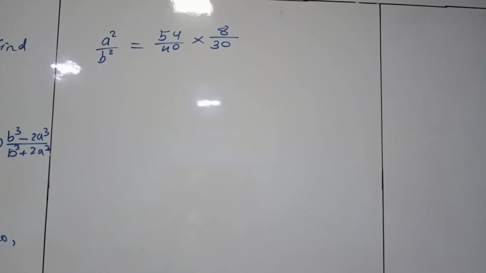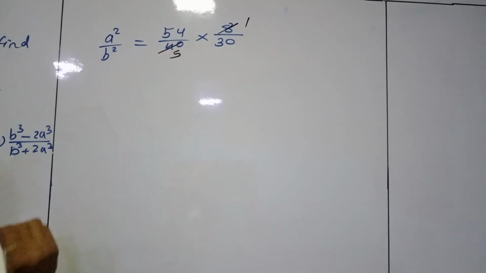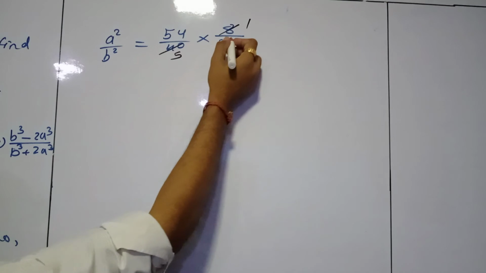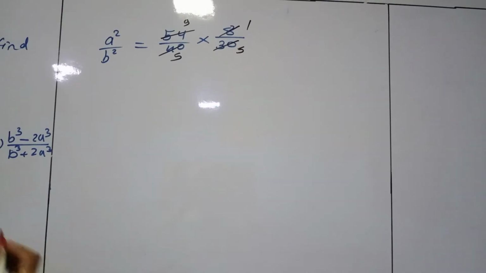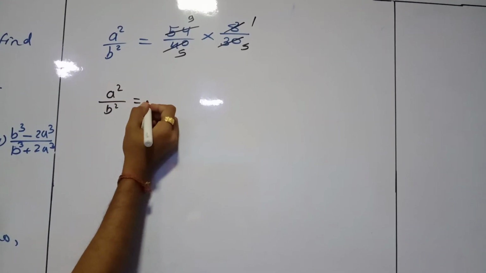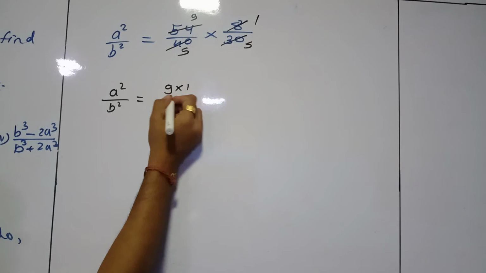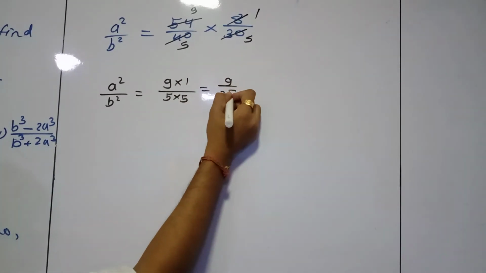Now do the cancellation. 8 1s are 8, 8 5s are 40, 6 5s are 30, 6 9s are 54. What are we getting? a square upon b square is equal to 9 into 1, 5 into 5. That means 9 upon 25.